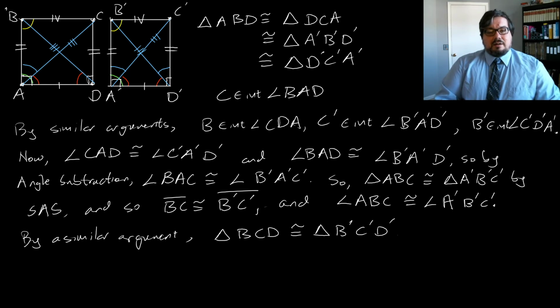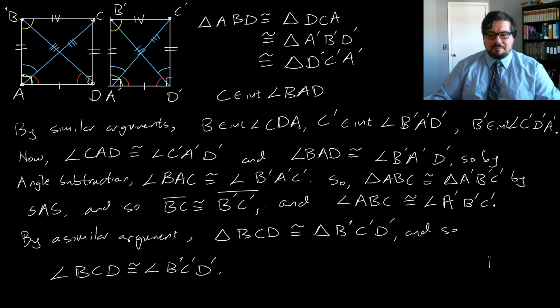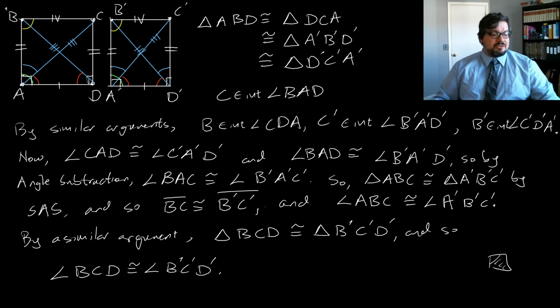because they are right angles, then we get that the triangles BCD and B prime C prime D prime are congruent, and so we have that the angle BCD is congruent to the angle B prime C prime D prime, and that finishes off that problem.